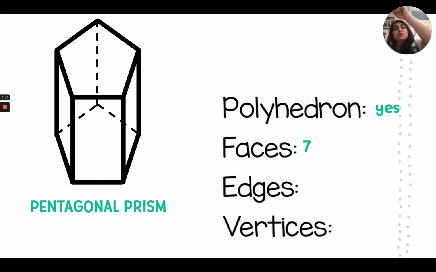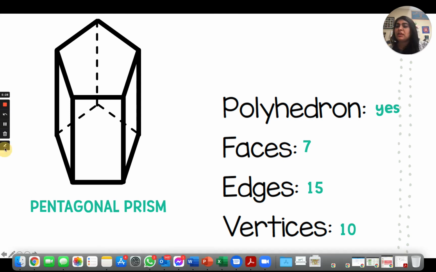And then edges, we've got 5 around the top, 5 around the bottom, and 5 on the side. We've got 15. And the vertices, you've got 5 on top, 5 on bottom. So those are these right here. Okay, it's where they intersect. So 1, 2, 3, 4, 5, 6, 7, 8, 9, 10.